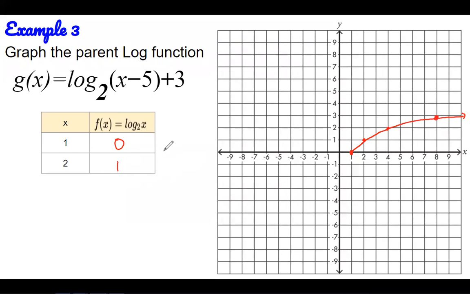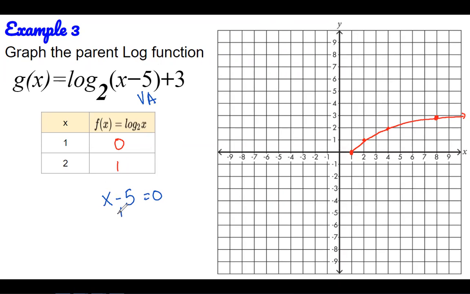So go ahead and copy this one, our new function. We're going to now transform our function. So let's see. Last time we had a horizontal asymptote. This time we're going to have a vertical asymptote. So my vertical asymptote is going to be what makes this value equal to 0. So x minus 5 equals 0.